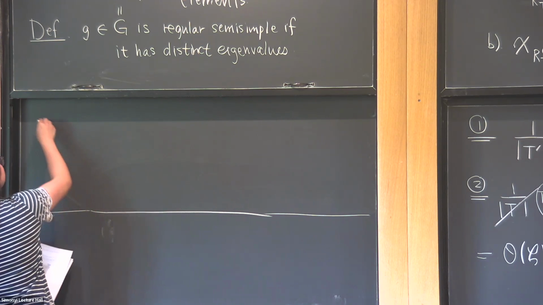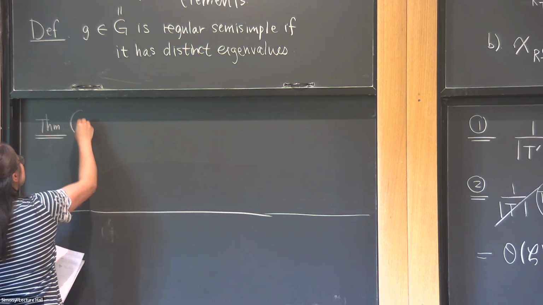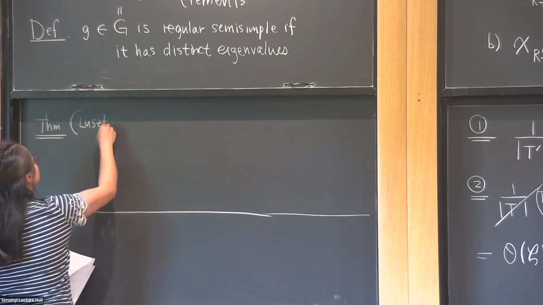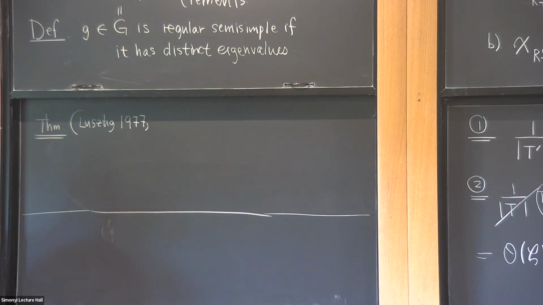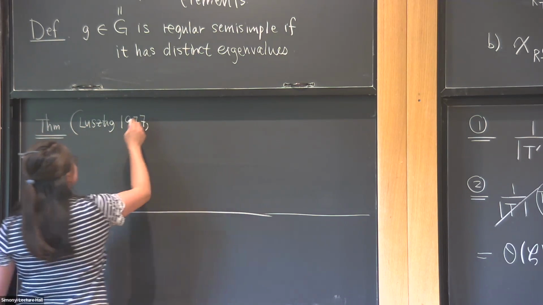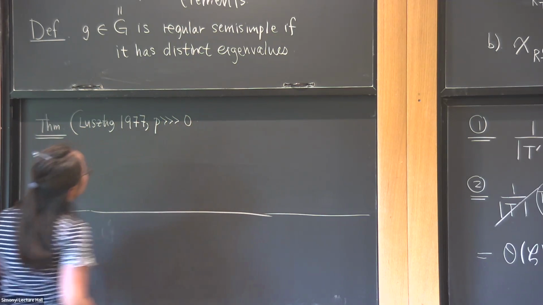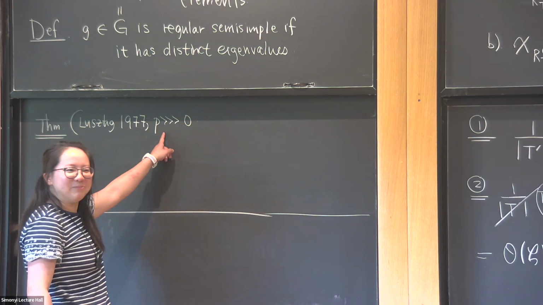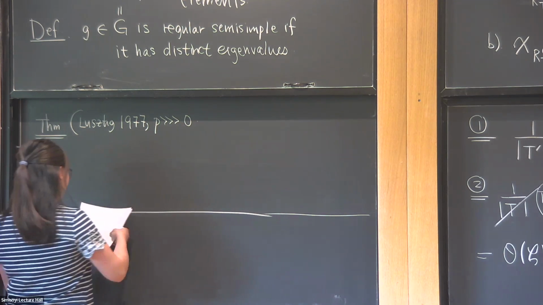Okay, so here's the theorem. So this theorem is originally due to Lusztig in 1977. For P, there's an assumption on P. And the more of this symbol, the larger the P. I'm assuming that's standard.